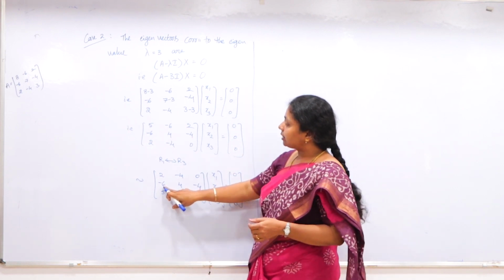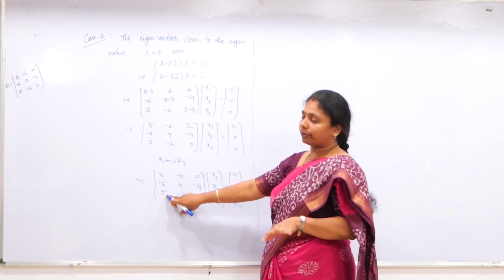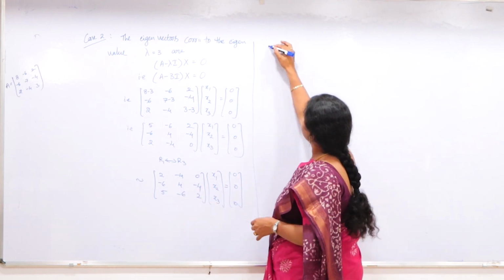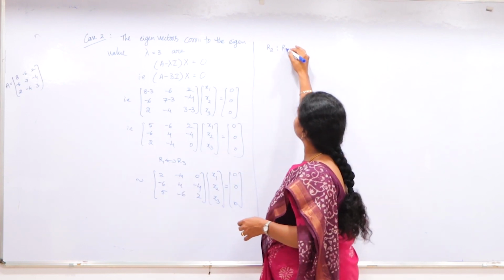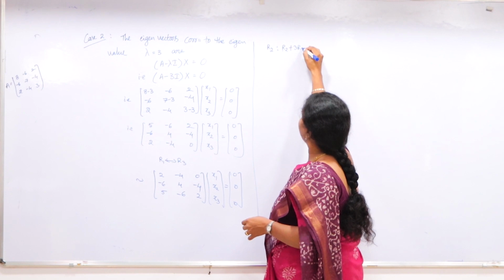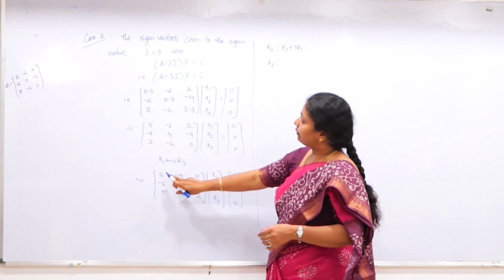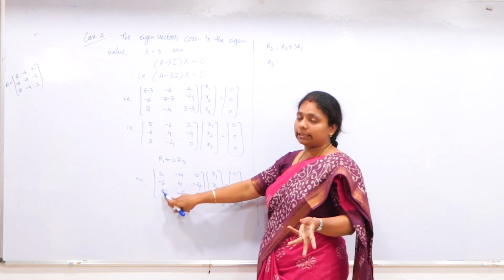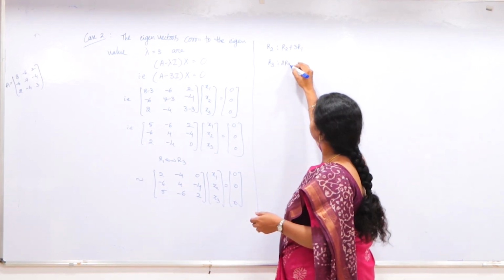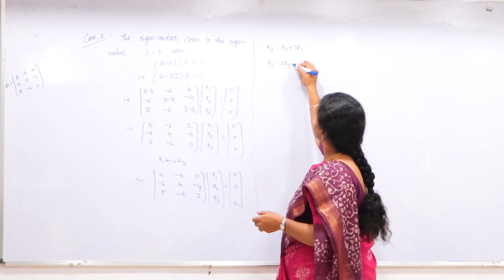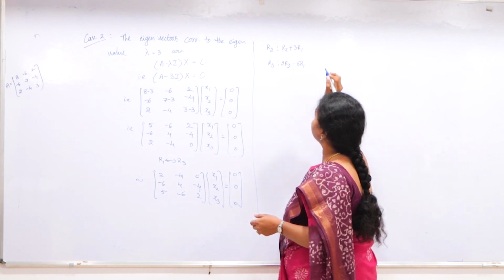Next, change the second row first element to 0 and the third row first element to 0. What are the row operations? R2 implies R2 plus 3R1, and for R3, the first row contains 2, the third row contains 5, so multiply R3 by 2 and R1 by 5 and then subtract.